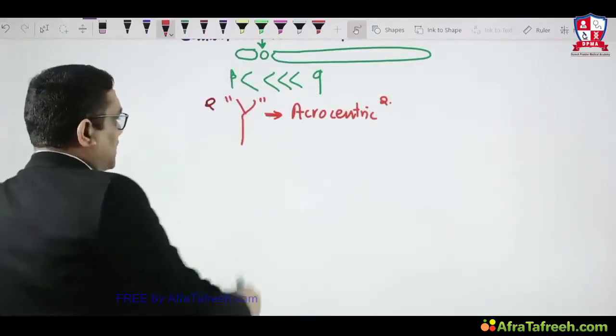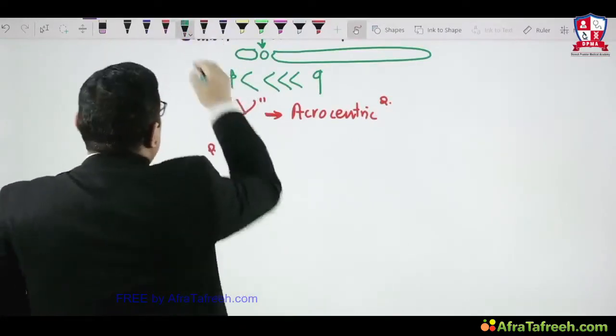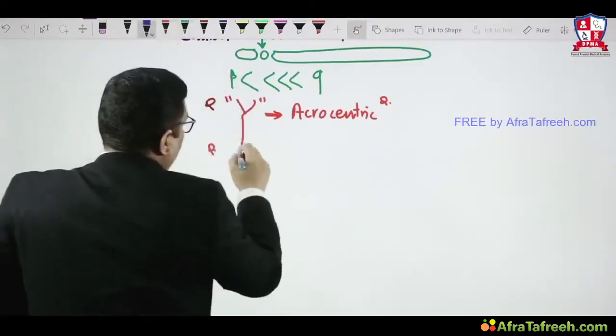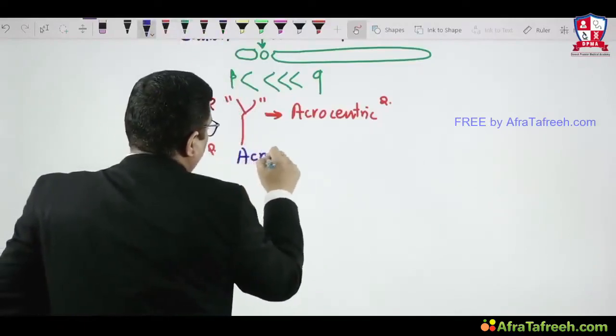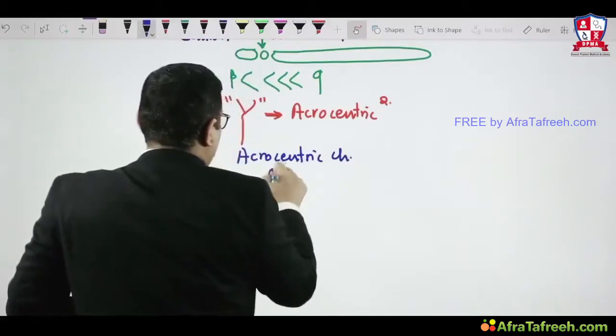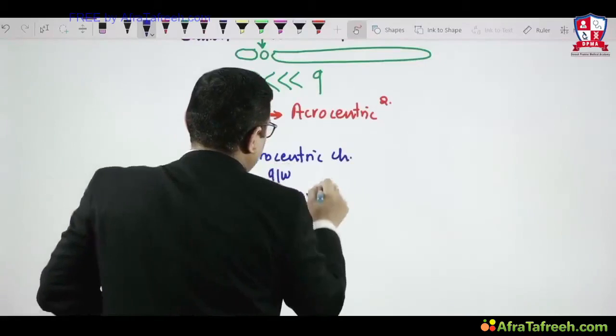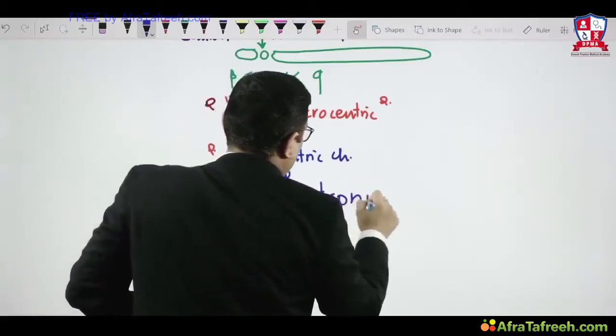What are the other chromosomes which are acrocentric? To understand this, we need to understand one thing: acrocentric chromosomes are associated with Robertsonian translocation.